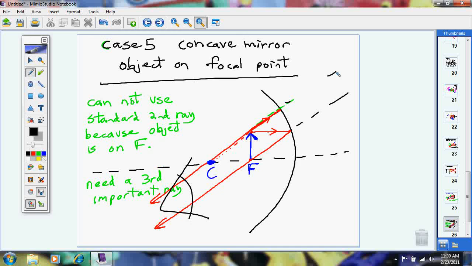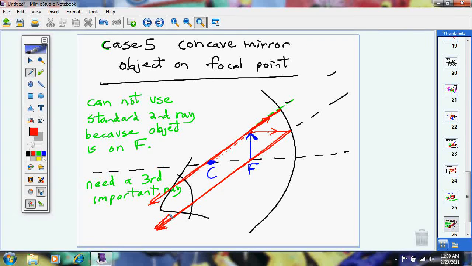If you wanted to be mathematical about it, you could say there's an image formed. Guess where the image would be formed? At infinity. But no one even talks about it like that.